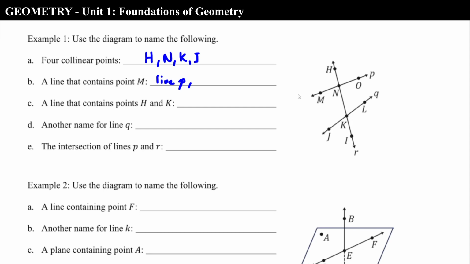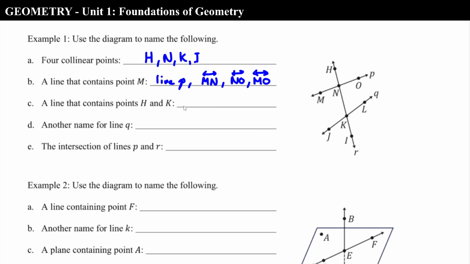We can call this line MN. We can call it line NO. We can call it line MO, just to name a few. You just pick any 2 points on this line. You can write those 2 points in any order you like, as long as they are both on the line, and you can name the line that way.